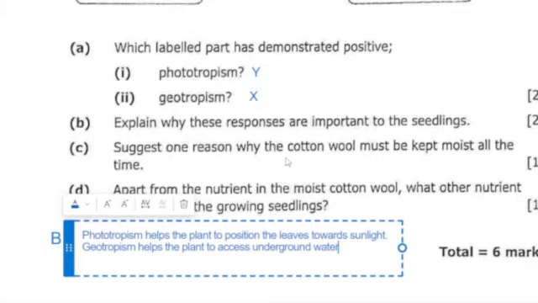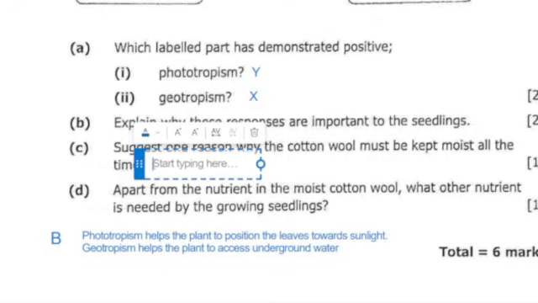Suggest one reason why the cotton wool must be kept moist all the time. The reason why the cotton wool should be moist all the time is because it's a source of water to the plant.